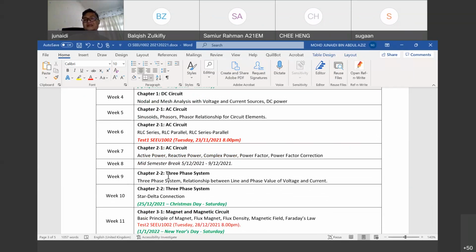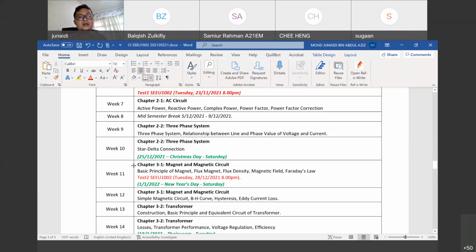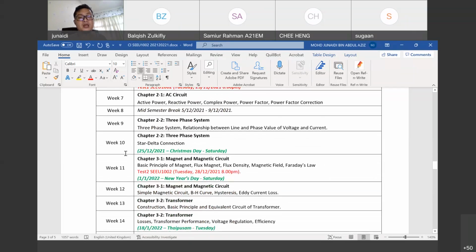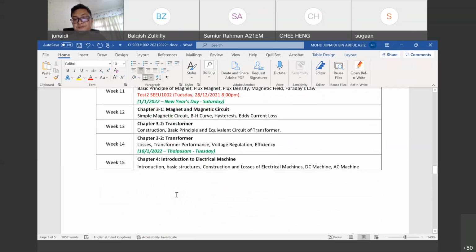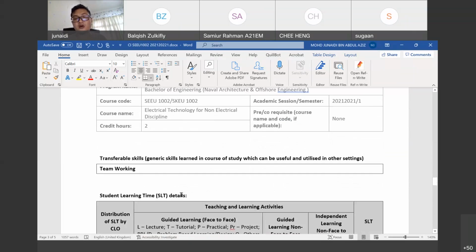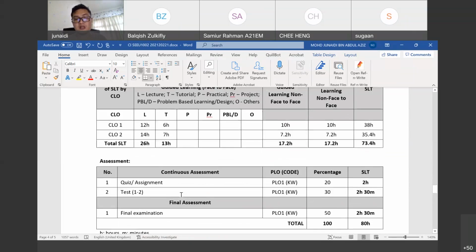You can have single phase or multi-phase. Why you need to know about 3-phase? That will be revealed in weeks 9 and 10. After that, we move to magnets and magnetic circuits, magnetism, until week 15, which is introduction to electrical machine. And that's it. That is the content for this course.